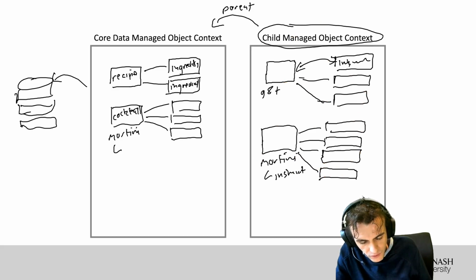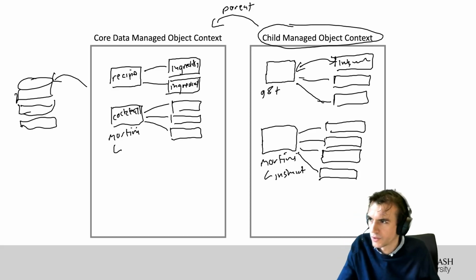Because if I wasn't using child managed object contexts, I could use all of the same code in this view controller, and instead all I do is pass it the original managed object context. If I did that, obviously any of the changes I made would be made straight into the parent context, and if I saved, would end up straight in the database. So that's the conceptual approach to what we're doing here.